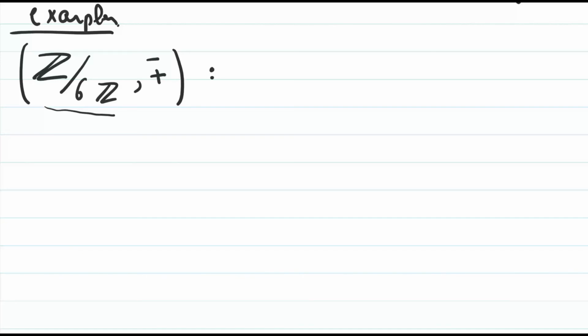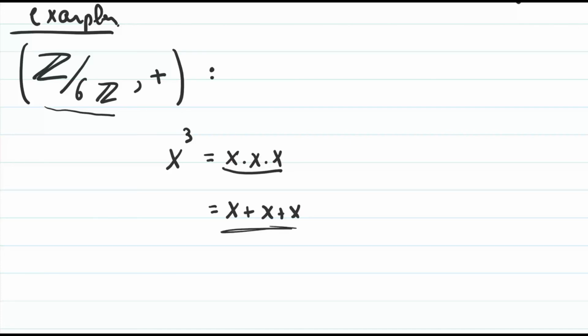This plus, okay, I can remove the bar and consider that I have an additive group. The multiplicative x to the power 3 is x times x times x when the group is multiplicative. When the group is additive, this becomes x plus x plus x, just because the notation of the operation is plus. But in this case, I don't denote it x to the power 3, I denote it 3 times x.